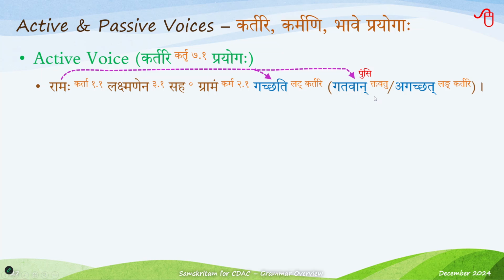We default to pullinga because the set has both pullinga and strilinga shabdas. If it is only, for example, Sita Lata Rama cha, then Sita Lata Rama cha gramam gatavatyah. We go to strilinga bahuvachana of ktavatu, gatavatyah.